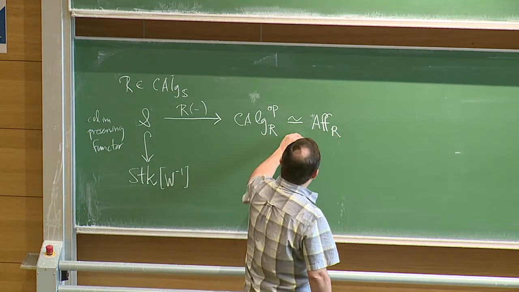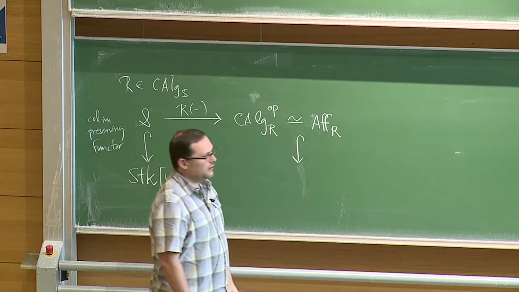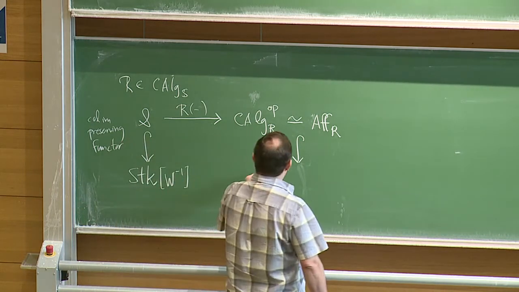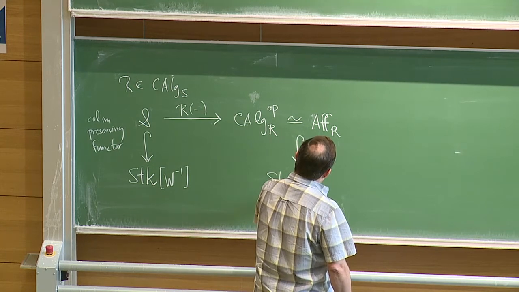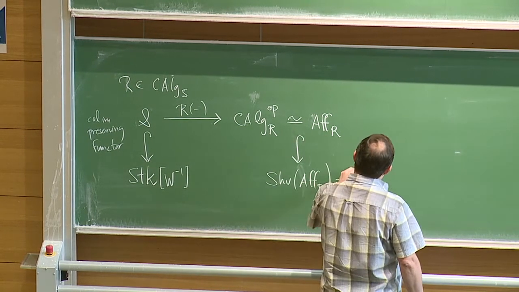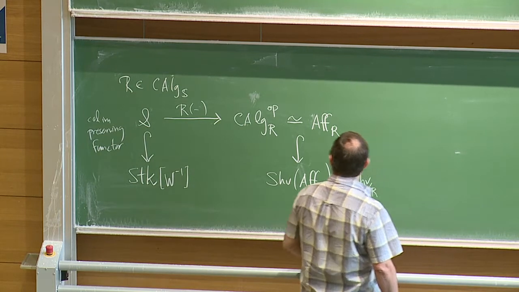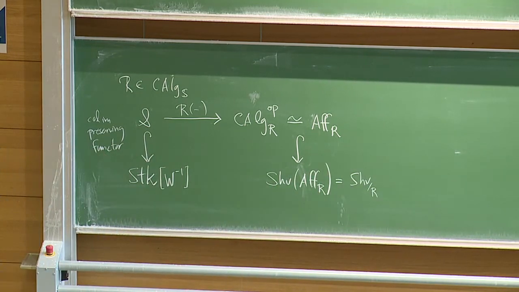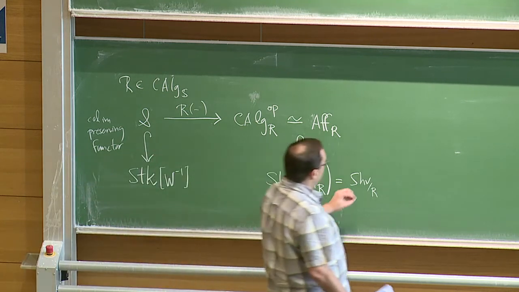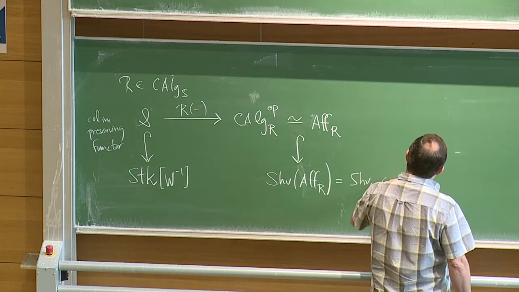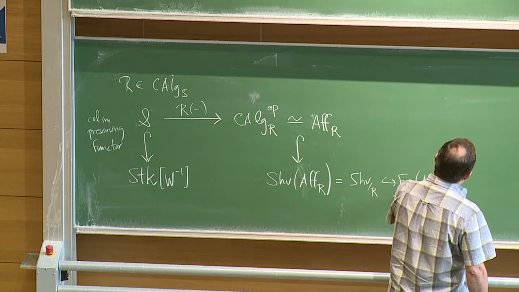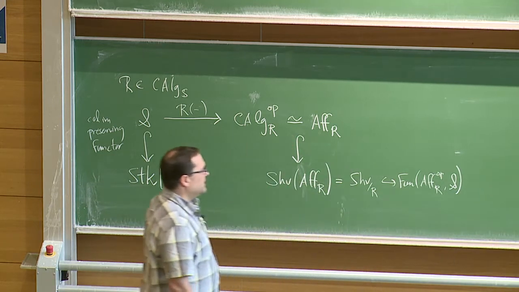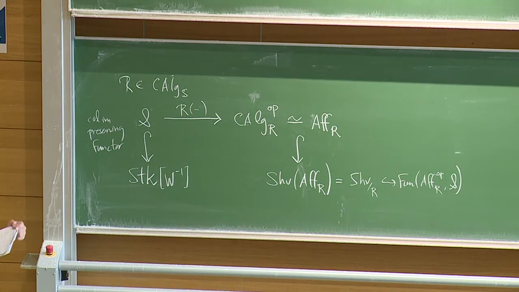There's a natural thing that affine R schemes embeds into, which is sheaves on affine R schemes. Or I'll just write sheaves over R for simplicity, by which I mean some sort of category of functors from affine R schemes op into spaces, satisfying some descent conditions, which is not so important for this.